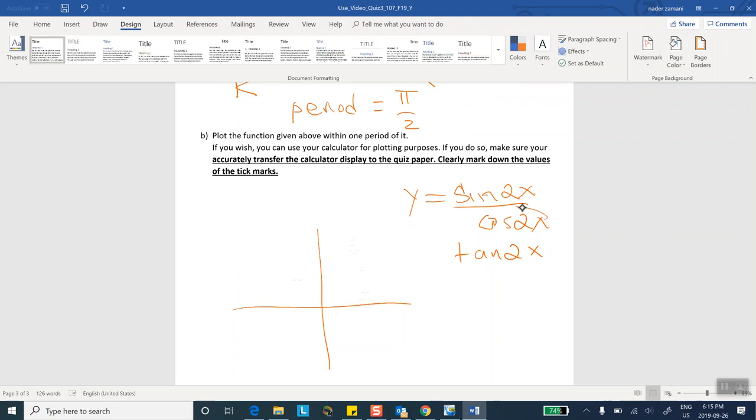Or let me put it this way: you don't have to memorize these things. Just look at the cosine of 2x. Where do I have a problem with cosine of 2x? It's when 2x is pi over 2. That means x is pi over 4. So if this is x, I have a serious problem with pi over 4 and minus pi over 4. Right there. Okay?